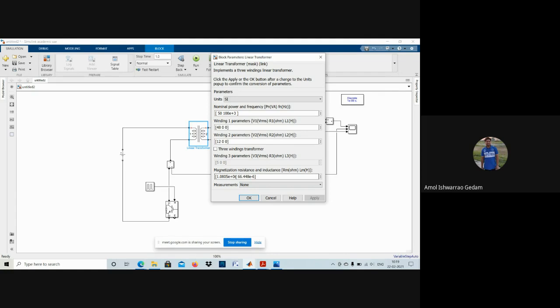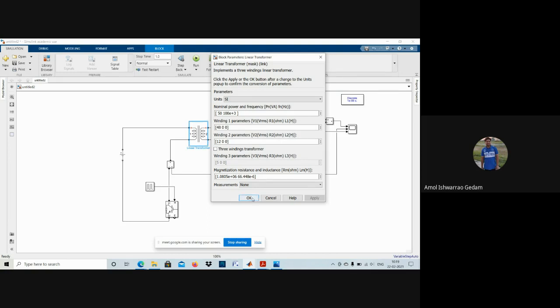point some 08. This value we can take randomly, but I have taken 1.08 into 10 to the power 6, and this is the magnetizing inductance Lm is equal to 66.448. The winding resistance, meaning leakage resistance and leakage inductance, I have kept 0, meaning it is a lossless transformer.